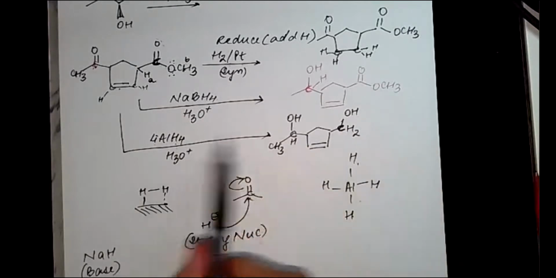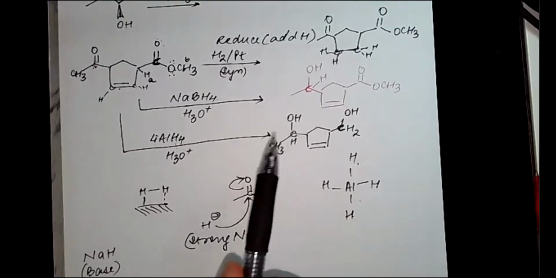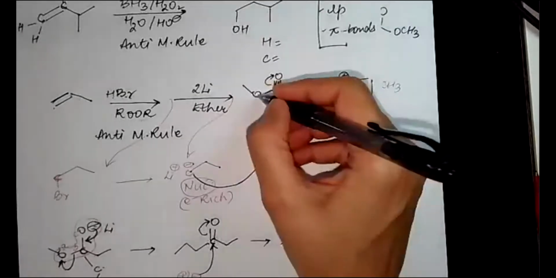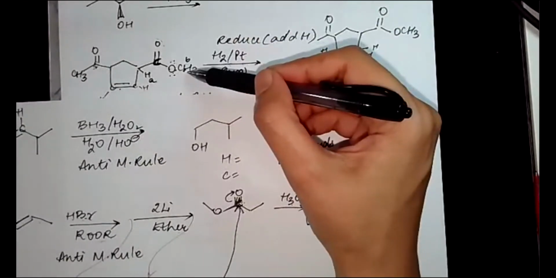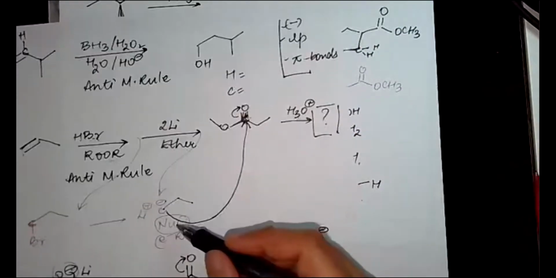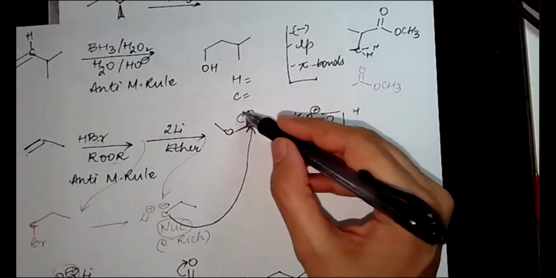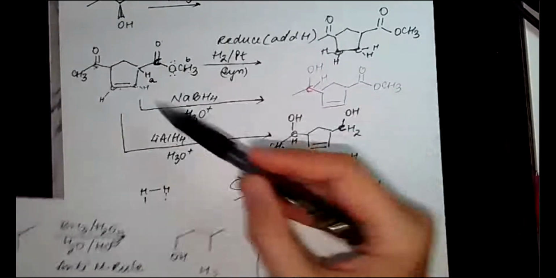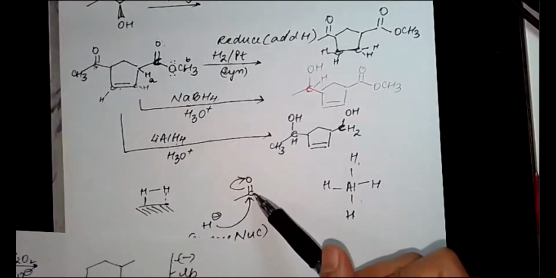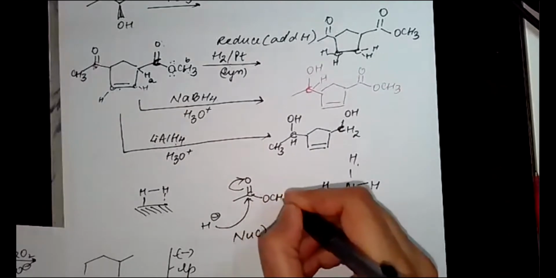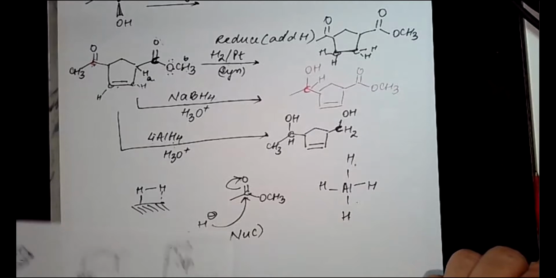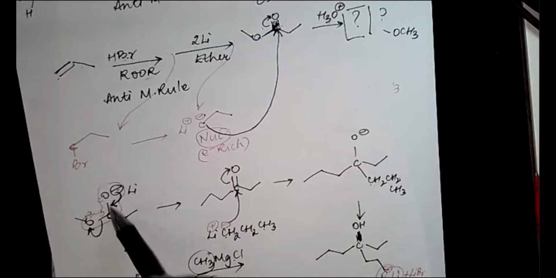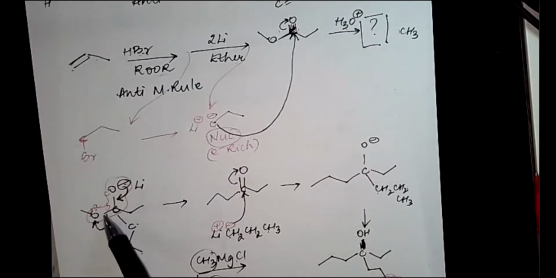Okay, thank you. So this attack is actually very similar to what we have seen here. There was this OR here, and there is this OCH3 here. When the incoming nucleophile attacks this, the pi bond opens. When the incoming hydride attacks this, the pi bond opens. Because there is an allylic situation and resonance occurs, this CO bond gets kicked out.